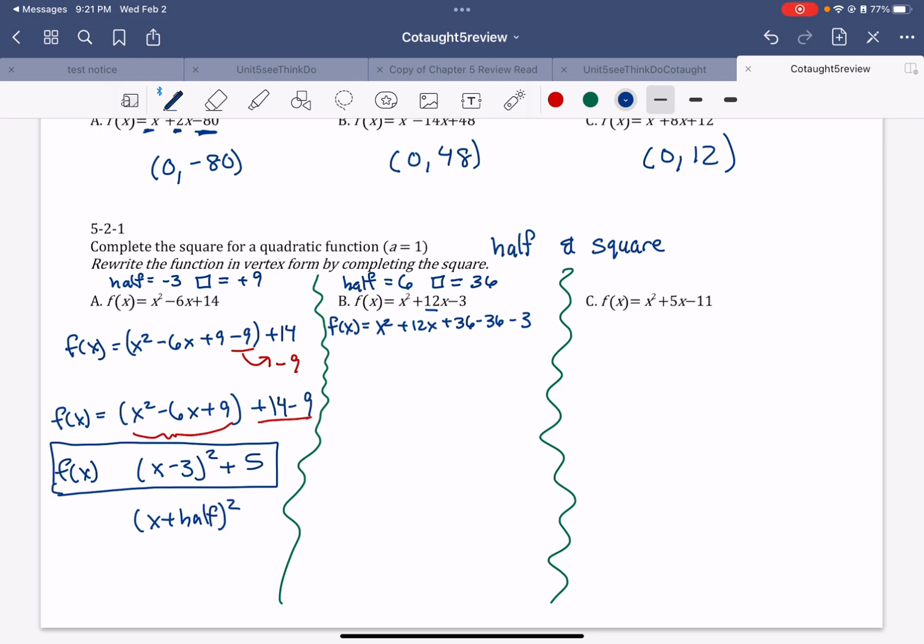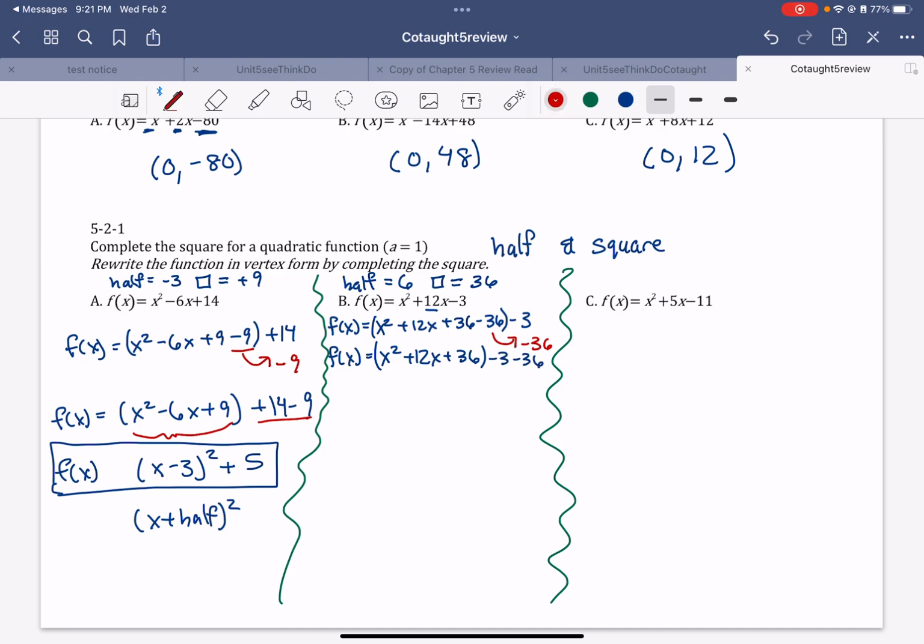All right. Okay, so in the parentheses, but then I'm going to move that 36 out, that negative 36 out. So then I have f of x equals x squared plus 12x plus 36. On the outside of my parentheses now, I have minus 3 and minus 36.